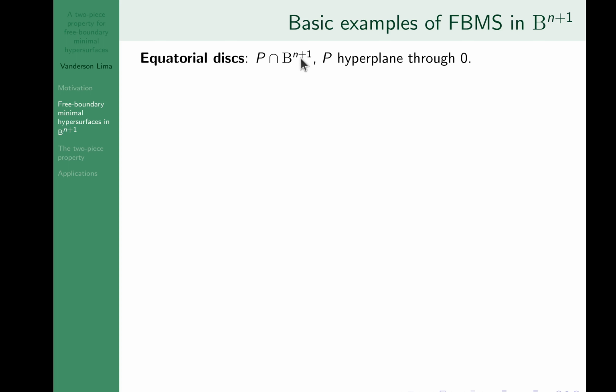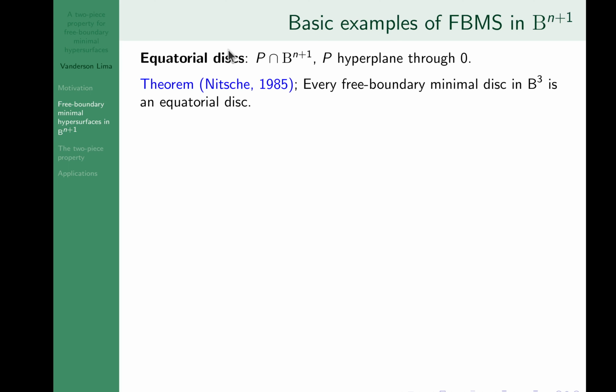So take any plane through the origin, and the intersection of this hyperplane with the ball is a free boundary minimal hypersurface. So there is a result by Nitsche that every free boundary minimal disk in the three-dimensional Euclidean ball is an equatorial disk. So we have a uniqueness result, which highlights the importance of these examples at least in dimension 3.